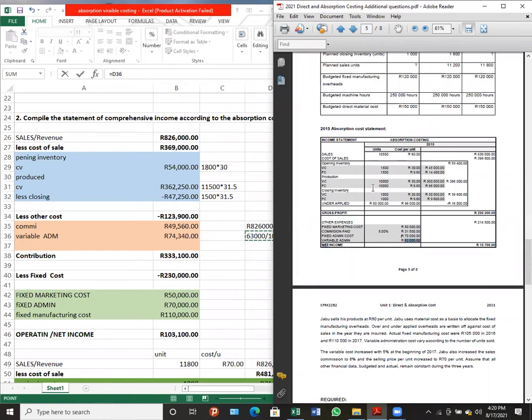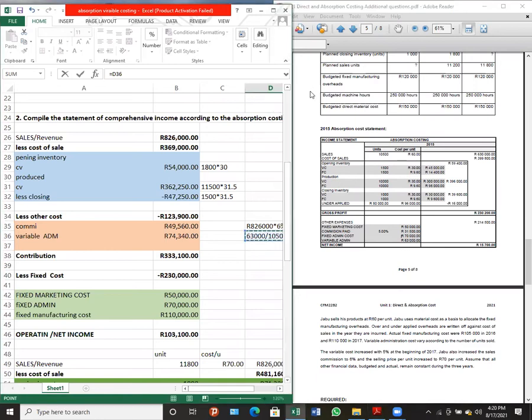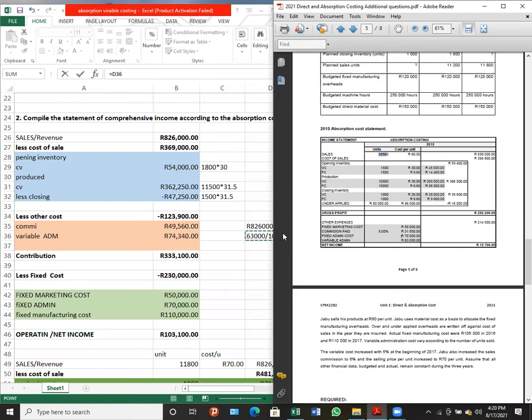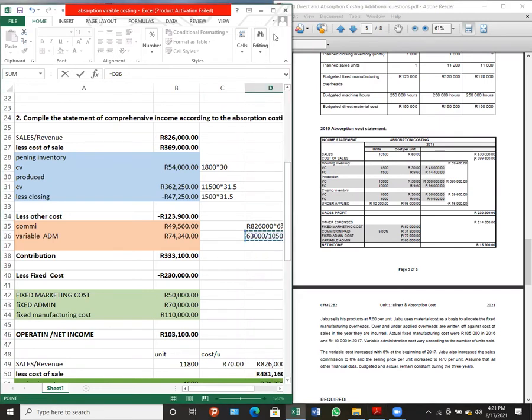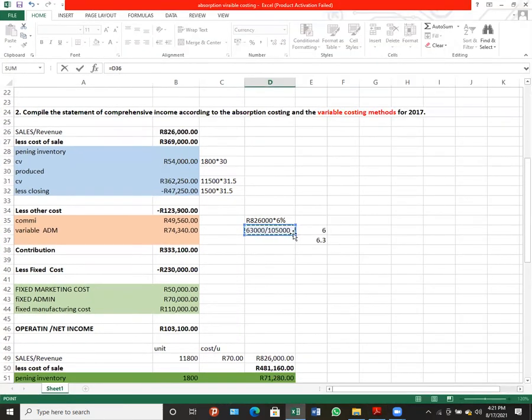Here they produced how many units? This is the units produced. If we take this 36,000 divided by 10, it varies with, according to the number of units sold. The units sold is 10,500. If you take this 36,000 divided by 10,500, it's going to give you 6 rand.